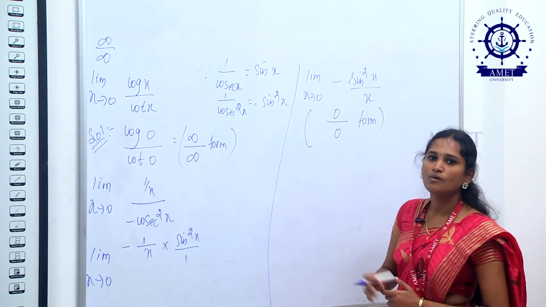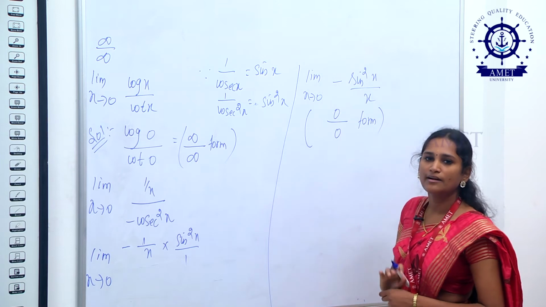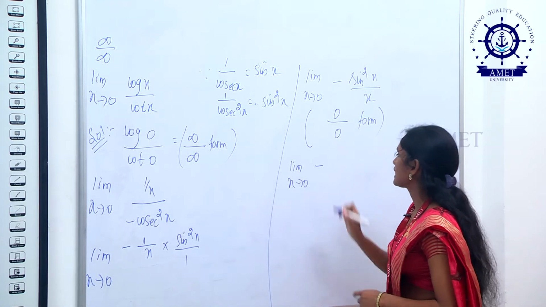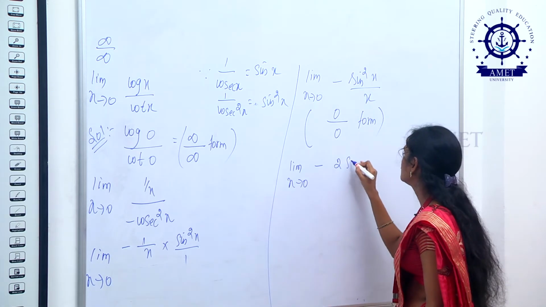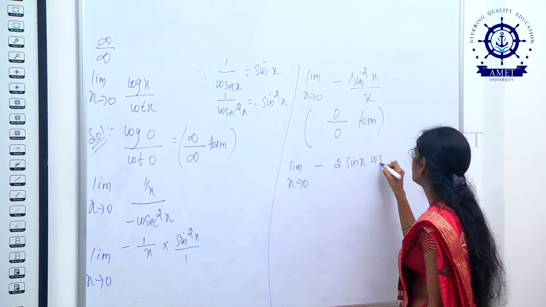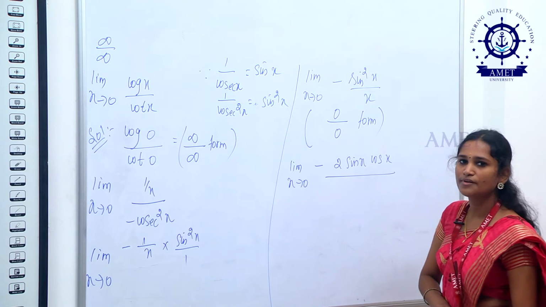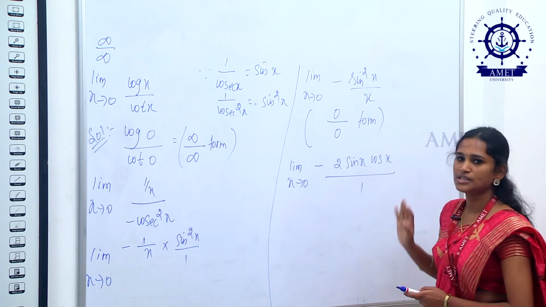Again we differentiate the numerator and denominator separately. So limit x tends to 0, with the negative sign, the differentiation of sin squared x is 2 sin x cos x, divided by the differentiation of x, which is 1. So the differentiation is over.